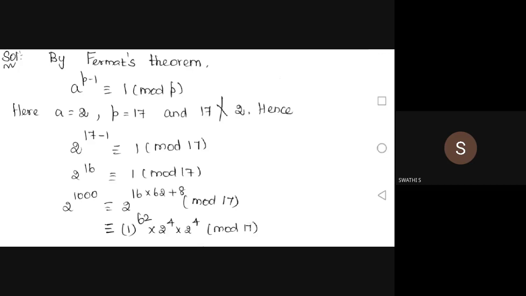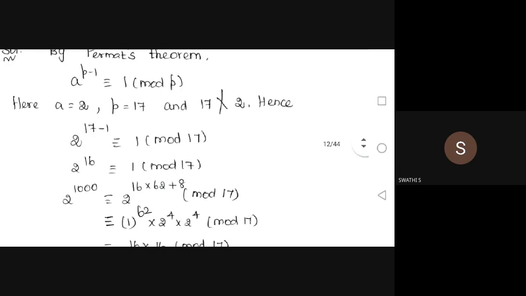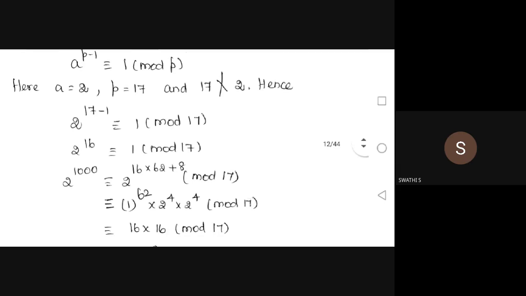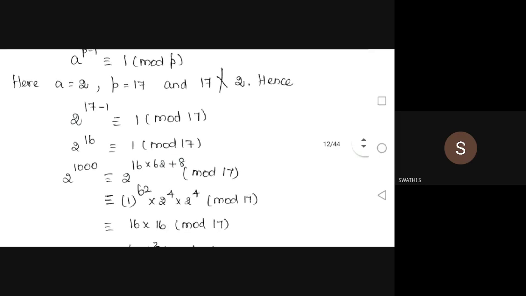But 2 power 16 is congruent to 1, so replacing 2 power 16 with 1, we get 1 power 62 into 2 power 8. 1 power anything is 1. Then 2 power 8 can be written as 2 power 4 into 2 power 4, and 2 power 4 is 16. So 16 into 16 under mod 17. So already we have the result.